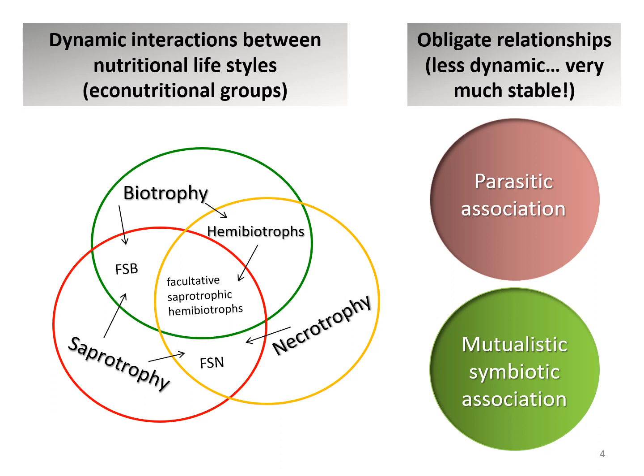But when the interaction between the fungus and the host starts to be less dynamic and starts to become an obligate relationship, and you see there is an interdependence of one partner on the other, or both partners on each other, then a certain stability is reached, and we can identify two main key relationships: the parasitic one or the mutualistic symbiotic one.